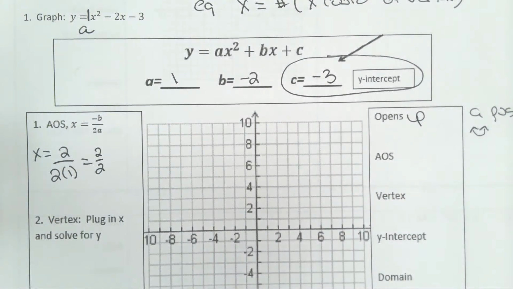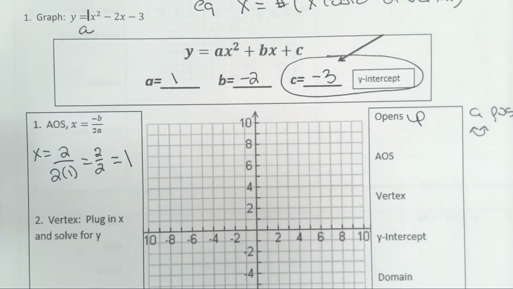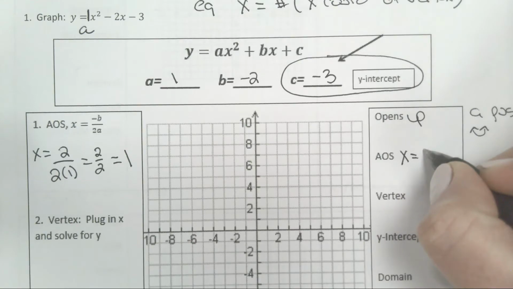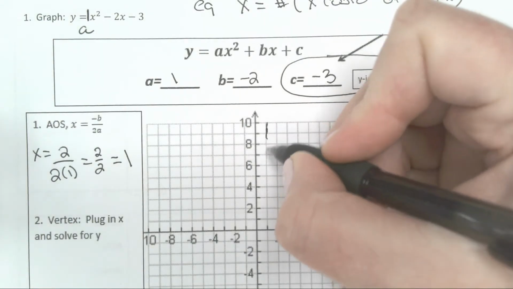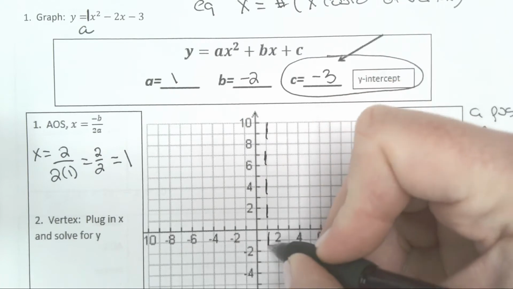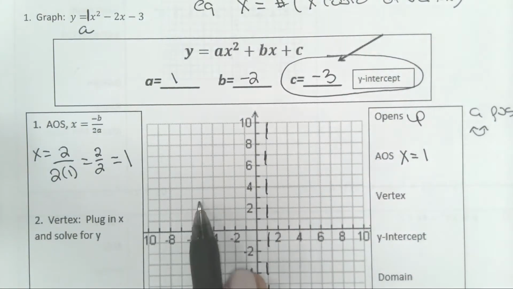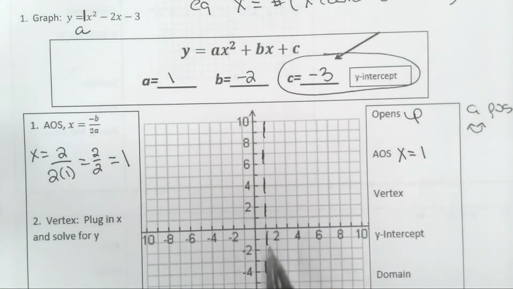Do the math on the bottom, and then simplify it. So your axis of symmetry is the equation x equals 1. I like sketching it in because I like knowing how it mirrors each other. So this is your axis of symmetry line.